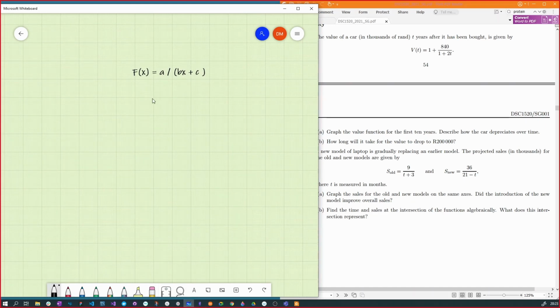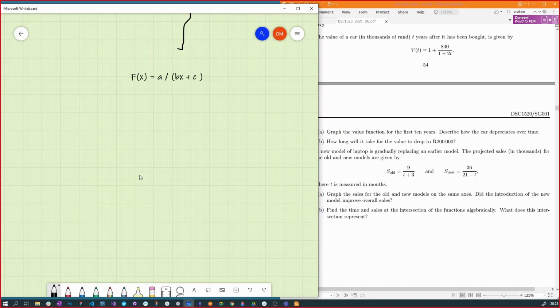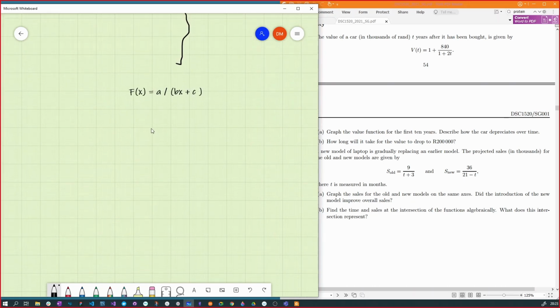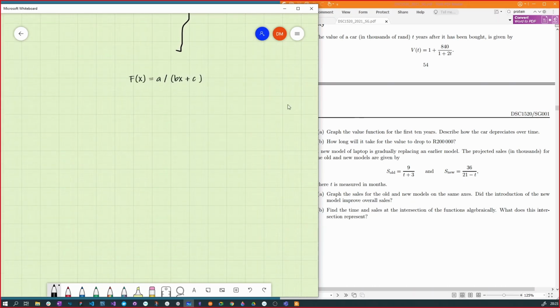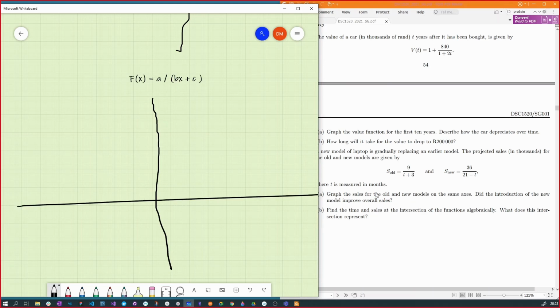Cool. And this function kind of looks like this, right? So you have your vertical line there and you have a horizontal line here. It kind of takes this shape, right? Yeah. Or this shape. Yeah. Cool.